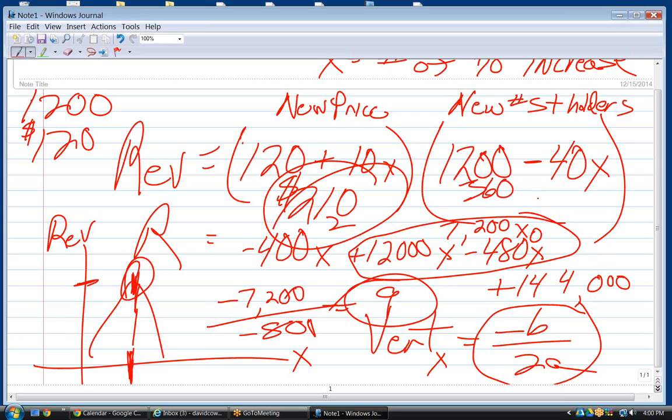So their season ticket holders go down to 840 from 1,200. So they may be making more money, but they're going to have a smaller audience. Okay. I see. But that's okay. In other words, their only goal is to maximize that revenue. They'd rather have $176,000 than $144,000. They don't care how many people are in the stands. Yeah.